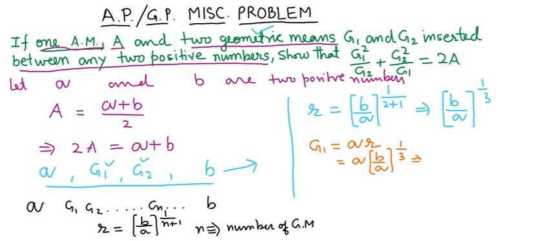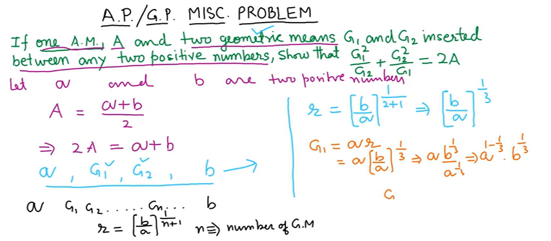Simplify, then you will have a, b raised to the power 1 by 3 upon a raised to the power 1 by 3. It means a raised to the power 1 minus 1 by 3 into b raised to the power 1 by 3.